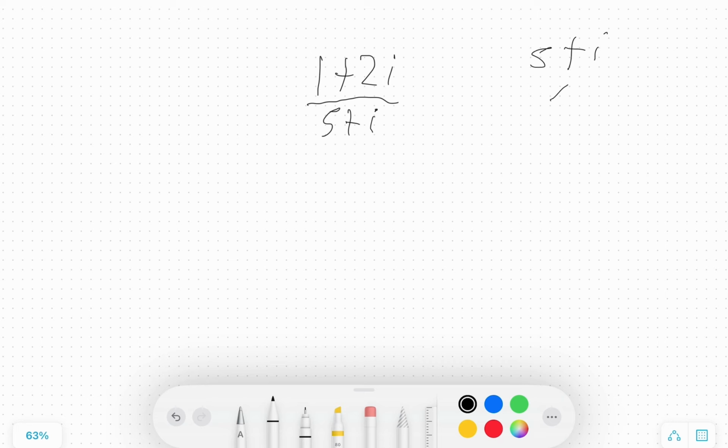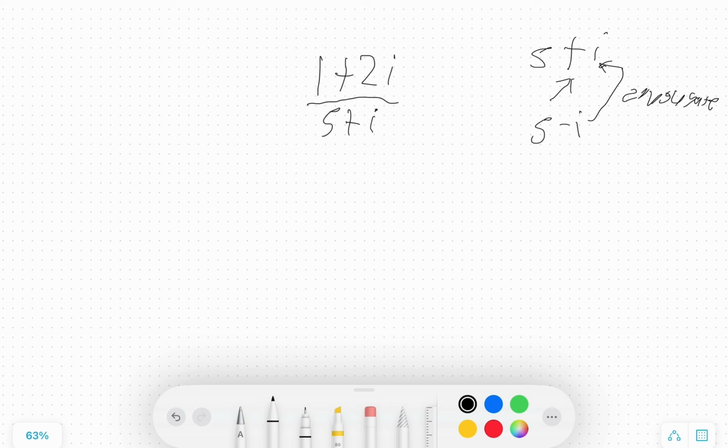We see this addition symbol, and that's going to turn into subtraction. So the conjugate of 5 plus i is 5 minus i, and the conjugate of 5 minus i is 5 plus i.